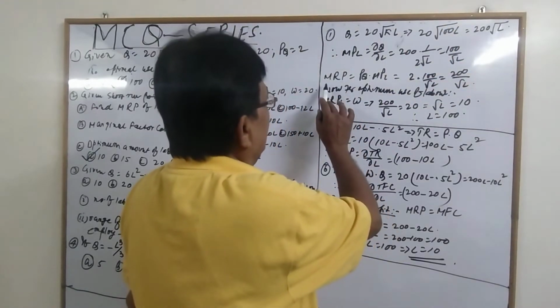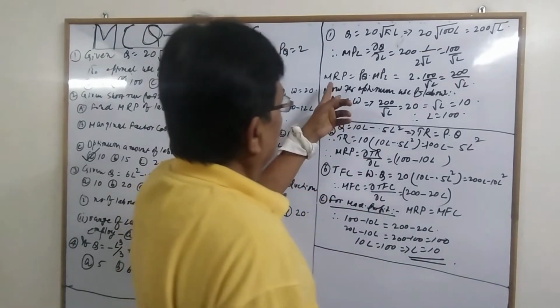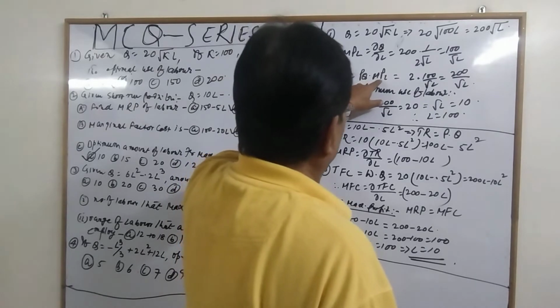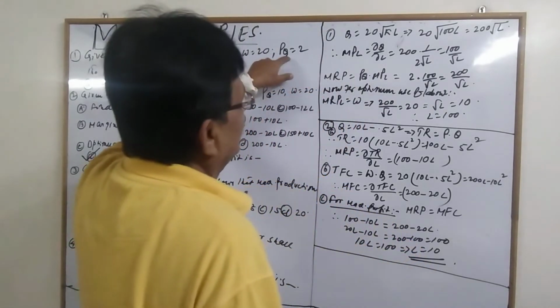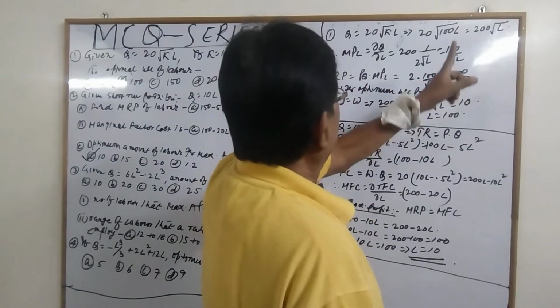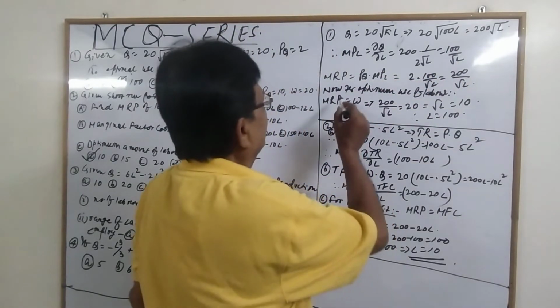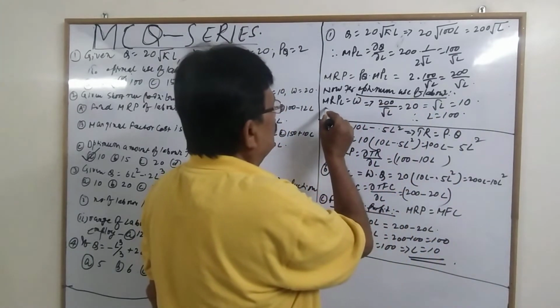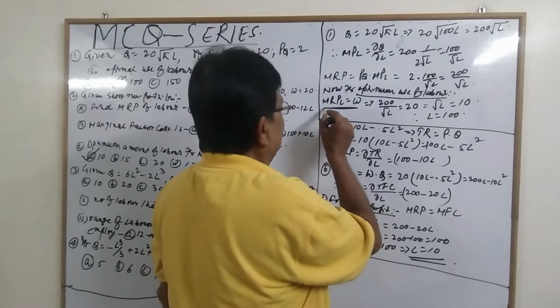Now we calculate MRP, marginal revenue product, which is PQ, the price of the commodity, into MPL, the marginal product of the factor. PQ is given as 2, so 2 into 100 by root L becomes 200 by root L. The rule says that for optimum use of labor, the marginal revenue product of the factor must equal the wage rate.